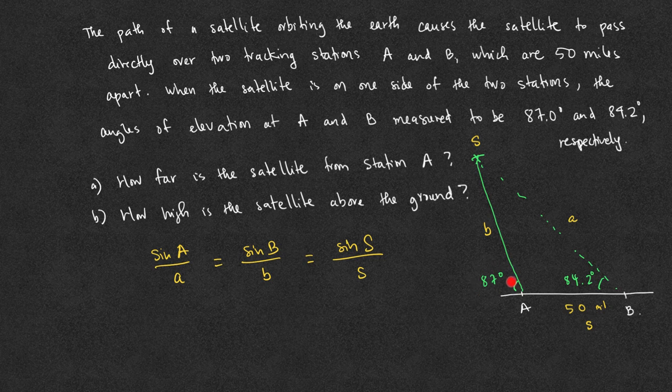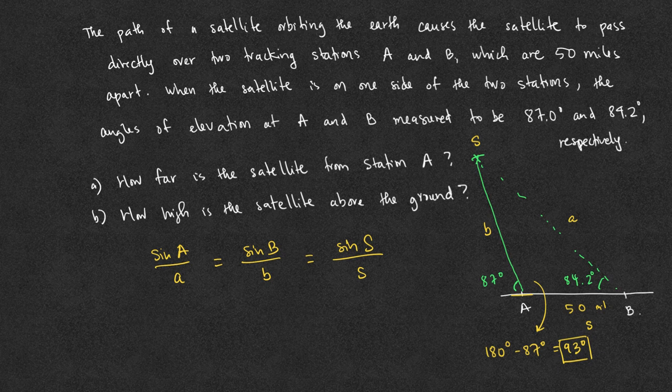This angle 87 degrees is not the angle A that we are interested in, but this is a straight angle, and so the angle A that we're looking for is 180 degrees minus 87 degrees, which is 93 degrees. This 93 degrees is an angle inside the triangle.